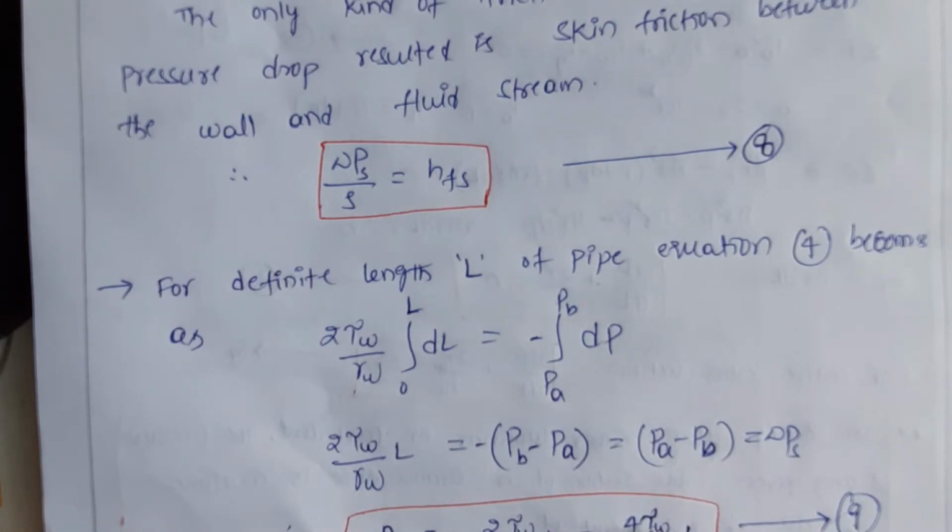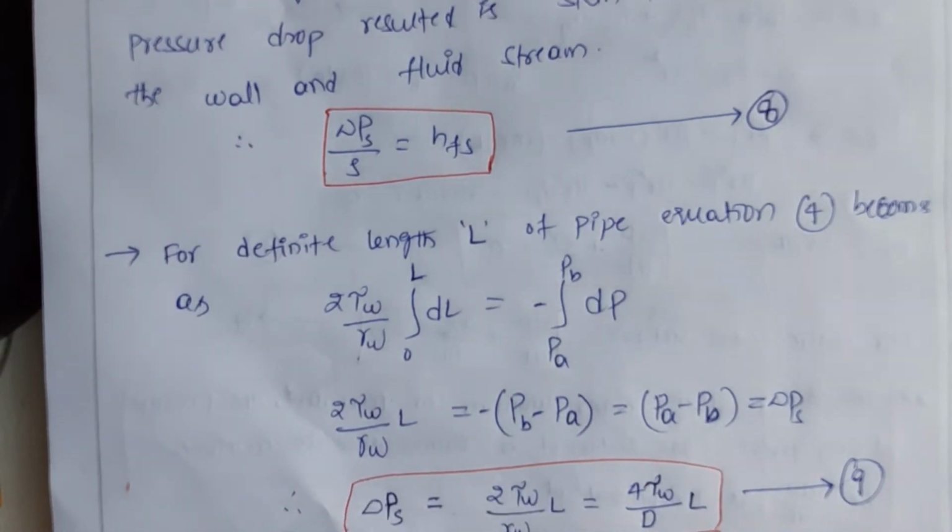Equating in terms of skin friction, since delta Ps by rho equals Hfs, here Hfs equals 4 tau w by rho D into L. So this equation is applicable for both laminar and turbulent and Newtonian and non-Newtonian fluids also.